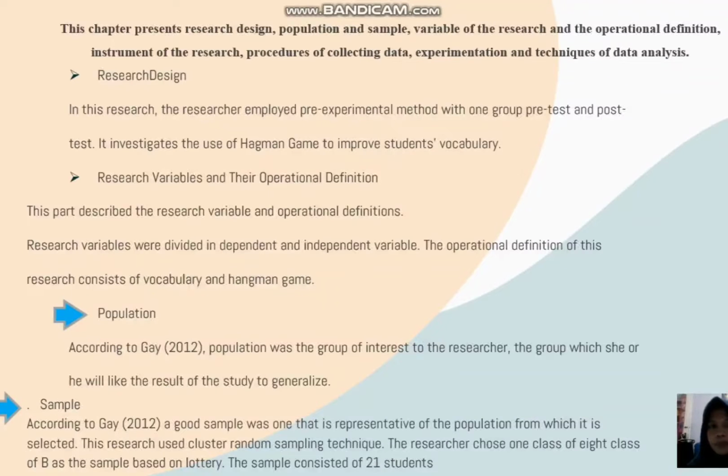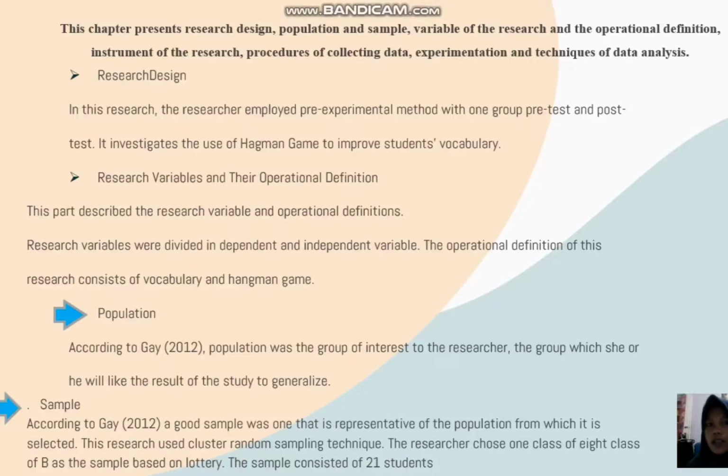Research method. This chapter presents research design, population and samples, variables of the research and their operational definition, instrument of the research, and then procedure of collecting data. And last is technique of data analysis.